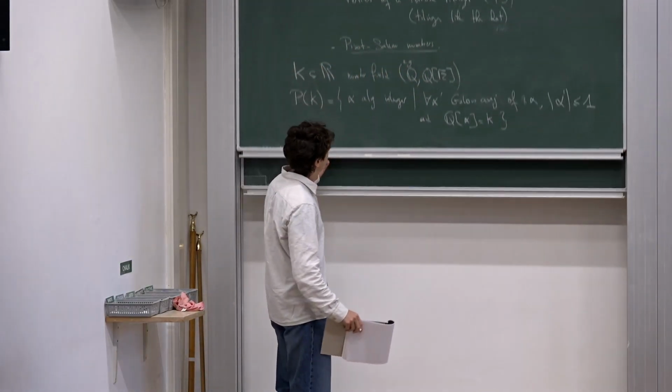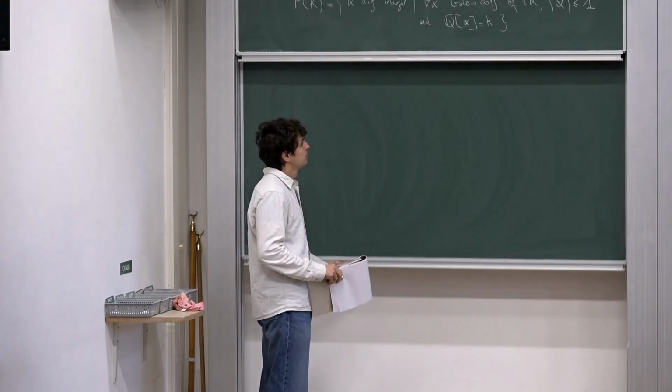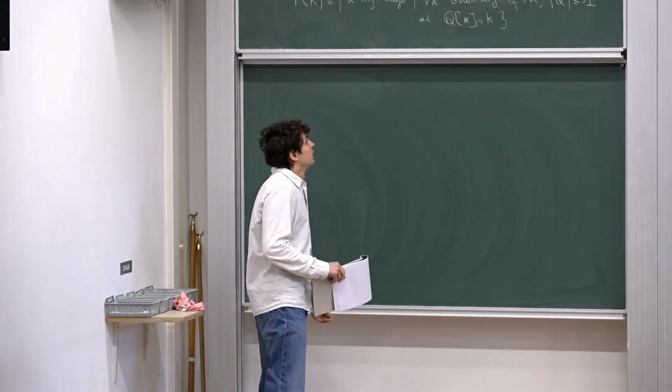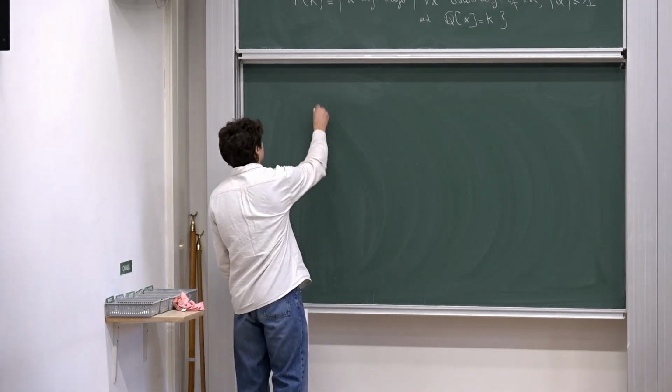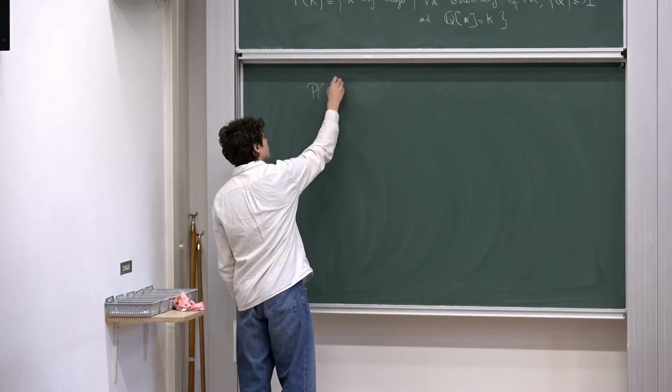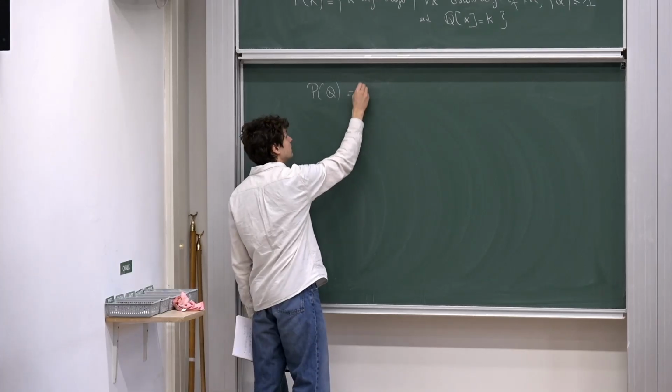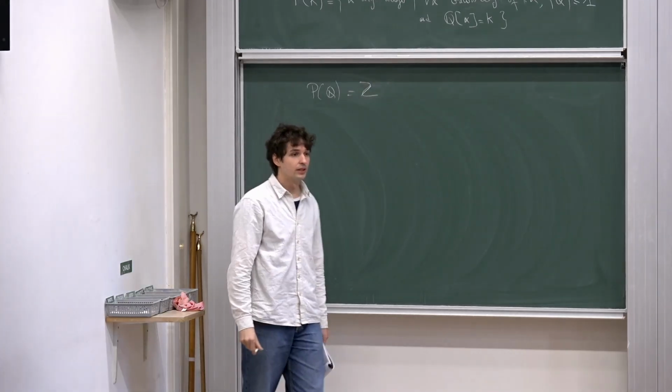Okay, so slightly silly example. The Pisot numbers of Q are integers.